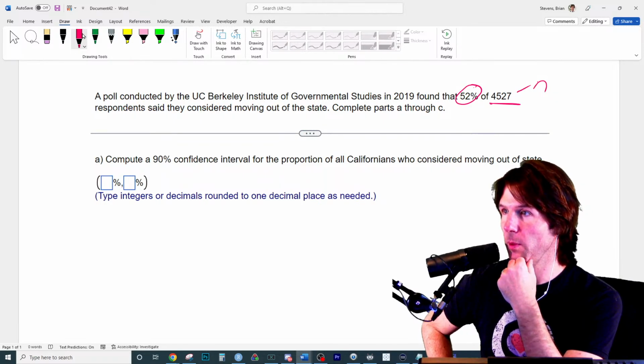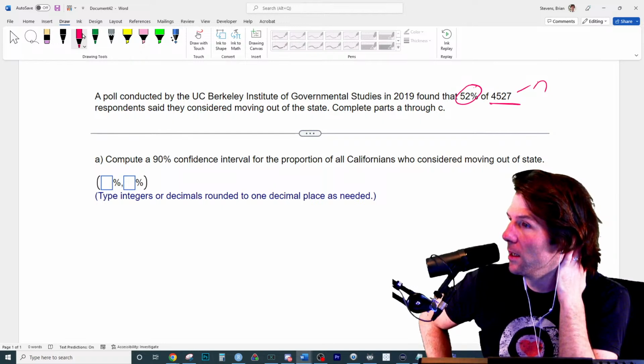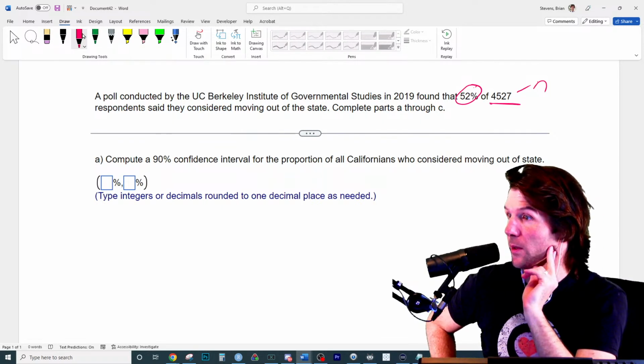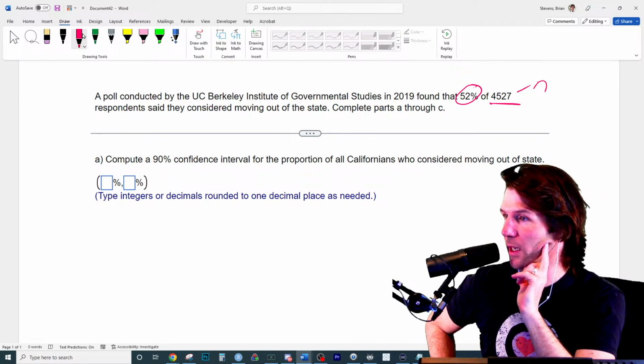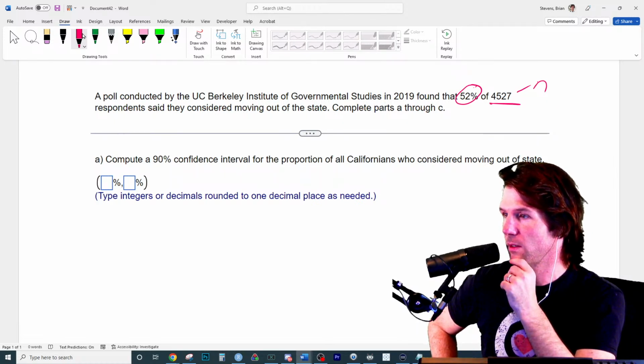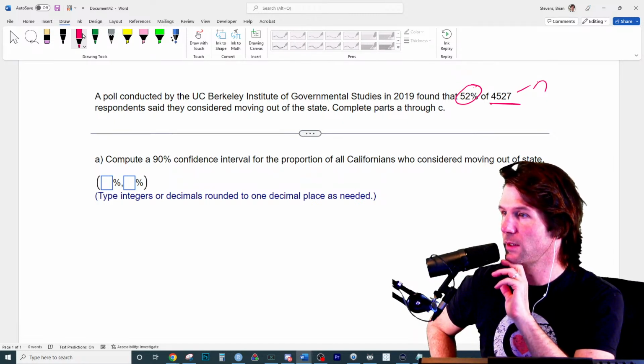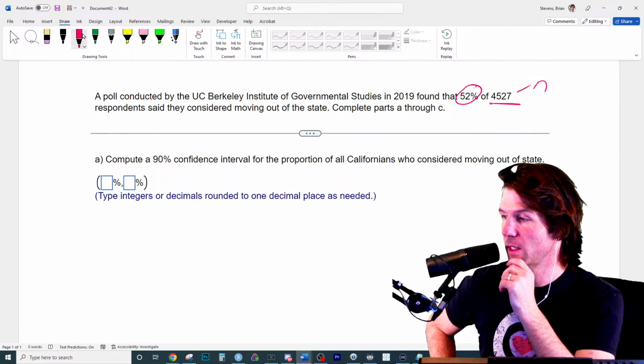That's the percent of people in a sample who said they're moving out of state. So what would that be in notation? That's the hint right there.